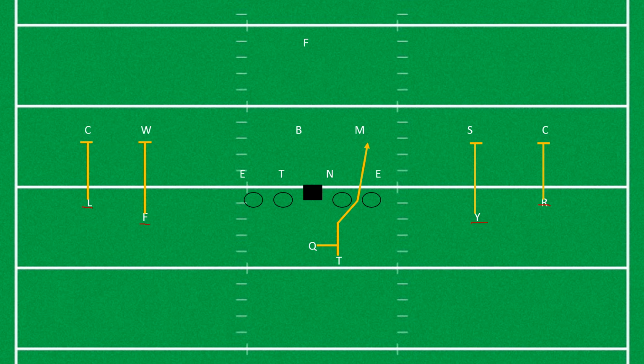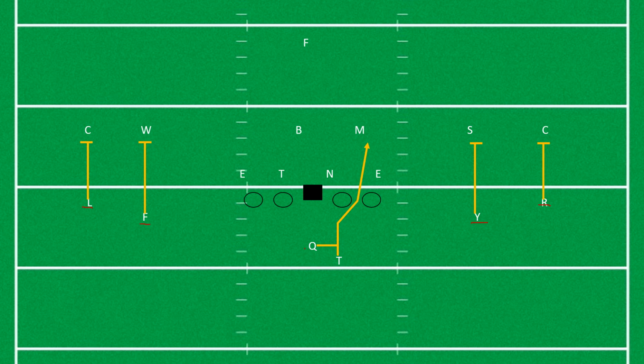So the quarterback's going to receive the snap. He's going to pivot on that backside foot, in this case the left foot. His belly button's going to be facing the play side sideline, in this case the right sideline. He's going to have that ball extended with 2 hands out for the tailback to take from him. Tailback's going to take his drop step. He's going to lower his shoulders.